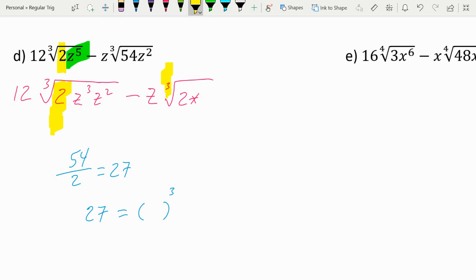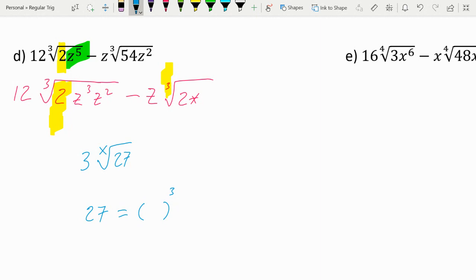A little trick you can do on your calculator. Let me erase this so I have a little bit of room to write. On your calculator, do 3. Really what you're doing is the 3rd root of 27.